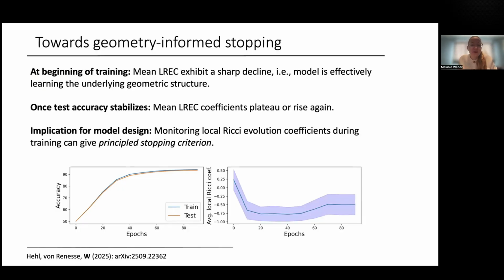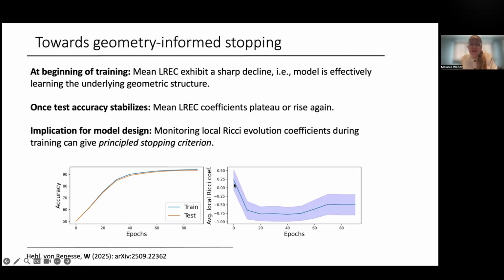And just to give a few more results here that also link to things like the design of the network or the design of the training protocol and how that relates to feature geometry. In this analysis of the data here, we look throughout the training process across epochs, and measure the local Ricci evolution coefficients as well as the accuracy in terms of training and test loss that we observe.